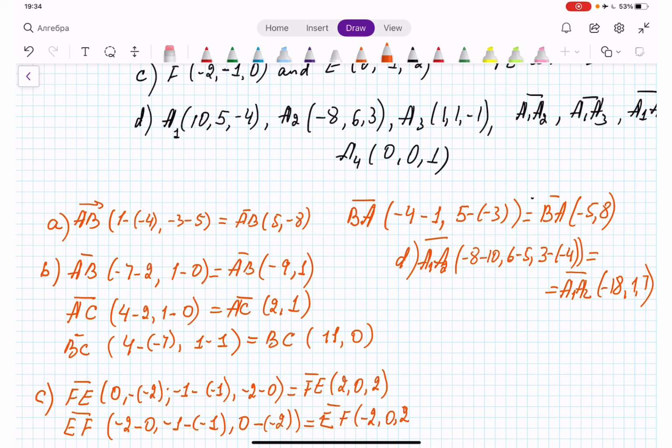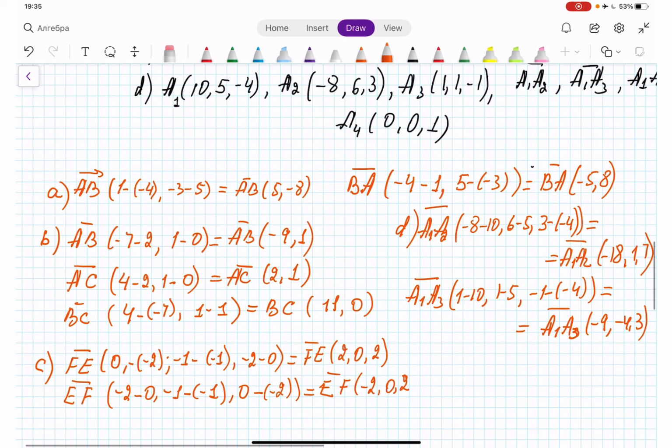Next, A1A3: 1 minus 10, 1 minus 5, negative 1 minus negative 4, which gives vector A1A3 with coordinates negative 9, negative 4, 3.